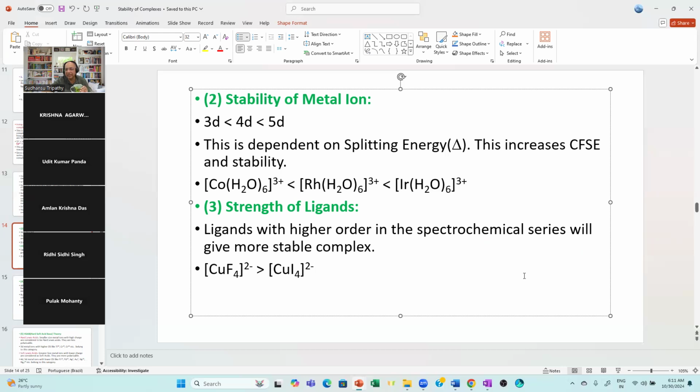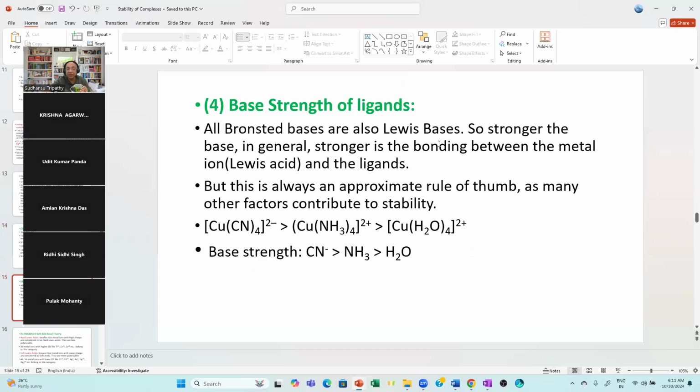So that is the strength of ligands in the spectrochemical series. Then base strength. This is a general discussion. All Bronsted bases are also Lewis bases. Therefore, the more the base strength, the more its nucleophilicity, its attacking power, and the more the strength of the bond, and hence the formation constant will be higher.